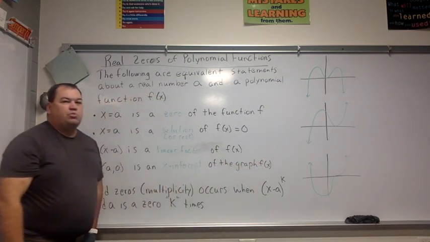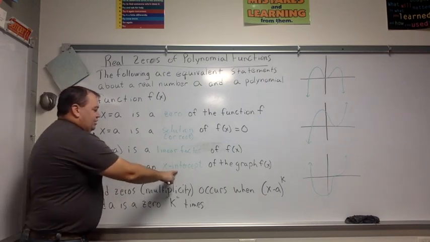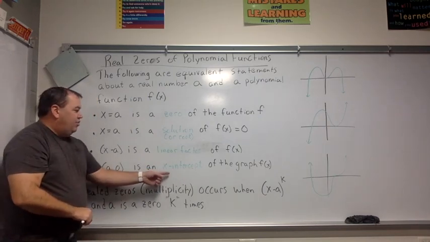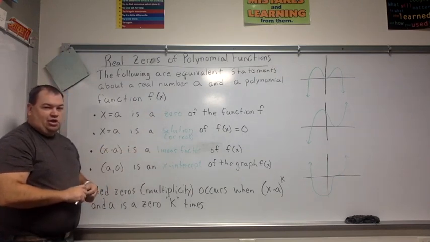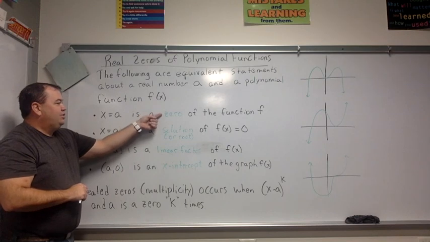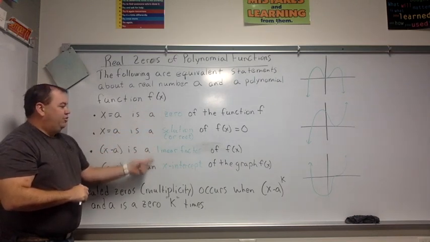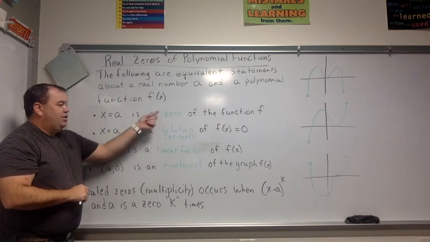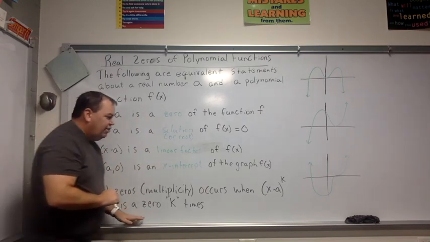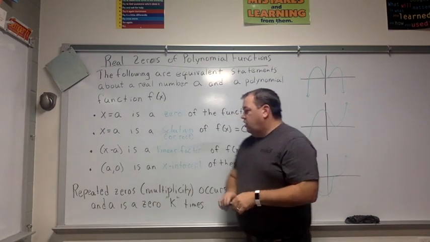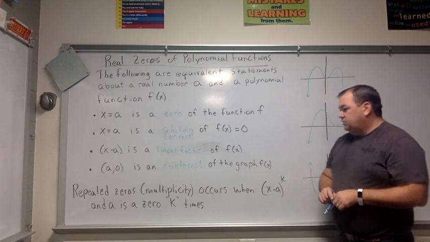So if you are a visual person and you like to graph these, you're looking for where it crosses the x-axis. These words in green we use interchangeably. So if they're asking for a zero, or a solution, or a root, or a linear factor, or an x-intercept, they're asking for very similar things. The last thing down here talks about repeated zeros, sometimes called multiplicities.